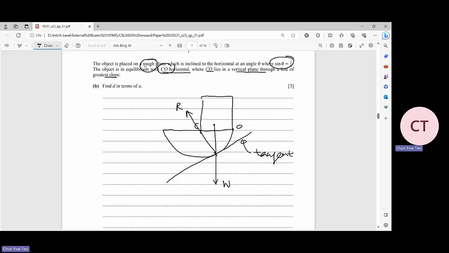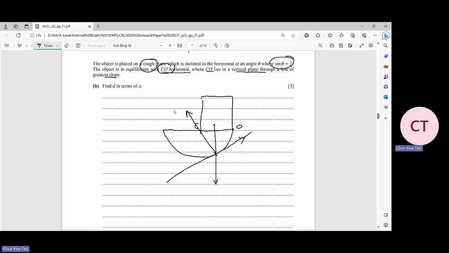And they mentioned that the surface is rough. So if the surface is rough, then the frictional force will go this way. Okay, so you can see that these three forces, the R, the W, the FR, actually pass through a point. That point is the contact point. Okay, but we are not really interested in the W and the FR and the R as well. We just want to know what is the angle.